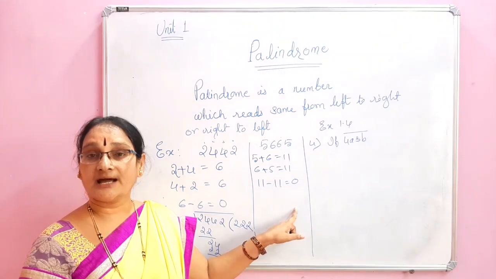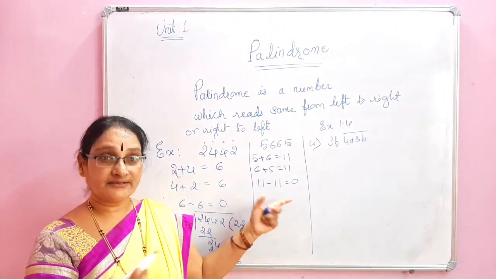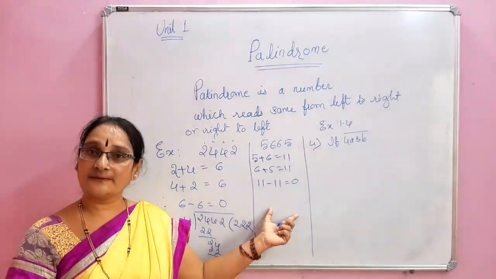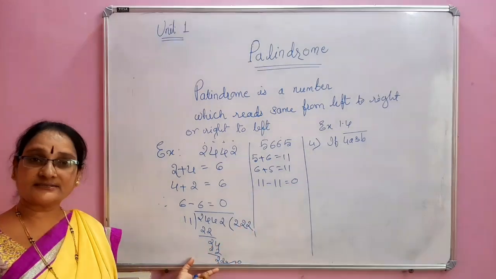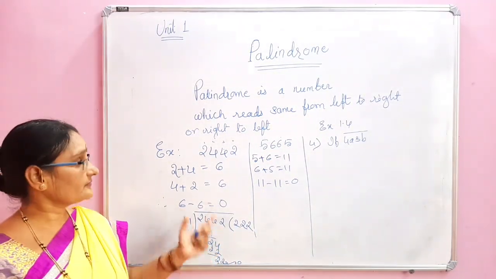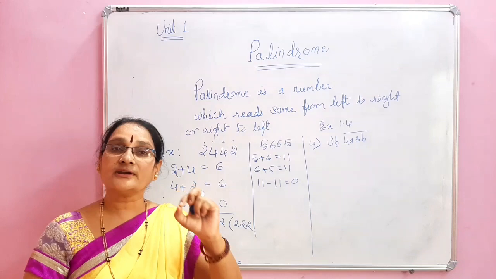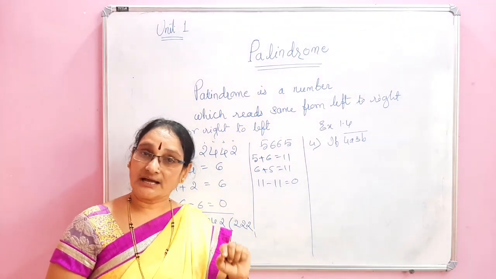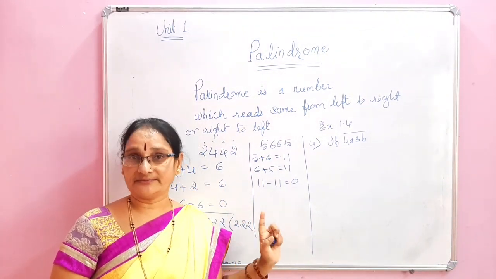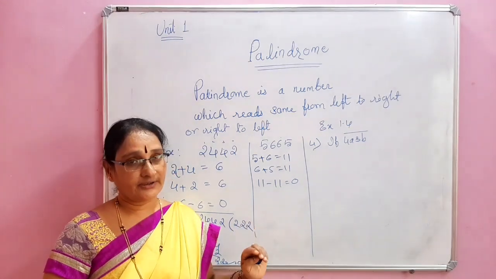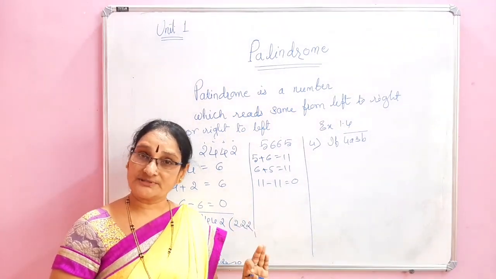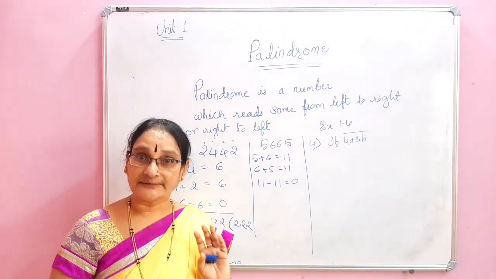Then such numbers are divisible by 11. Yes, this is also divisible by 11. You can verify and see like this. We get the answer, and we can conclude that 4-digit palindromes are always divisible by 11.